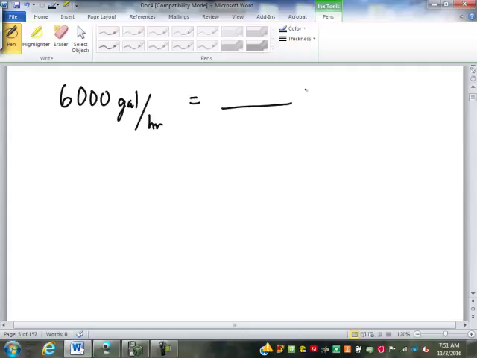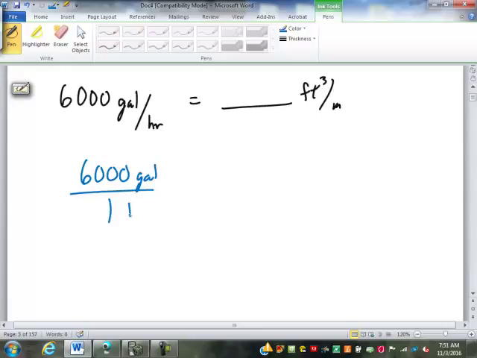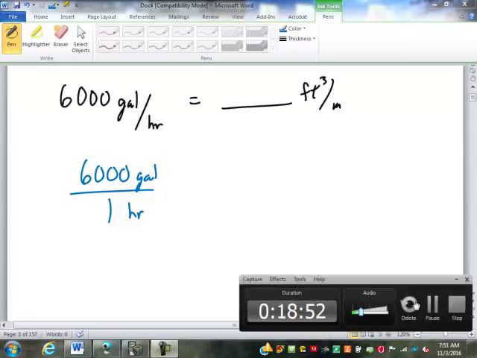And I want to convert that again to CFM, cubic feet per minute. So 6,000 gallons over 1 hour. In your notes, let's have you try to convert that into cubic feet per minute.